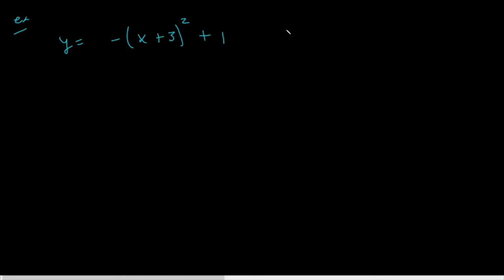So the vertex will be negative 3, comma, positive 1, and it will open down, right? So we need to be careful to remember that. Negative 3, positive 1. Graph my vertex, and then I'll make my U-shaped parabola, but it doesn't open up, it opens down.